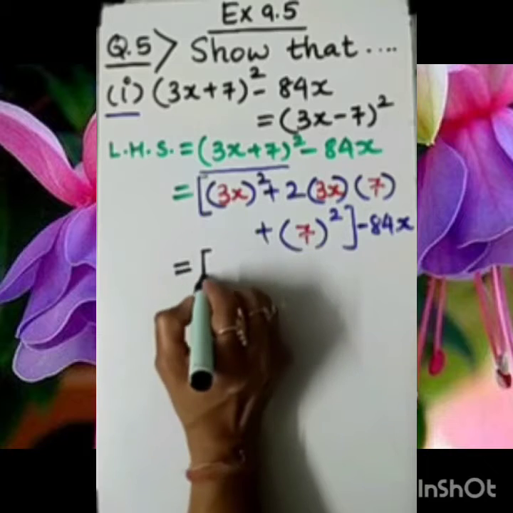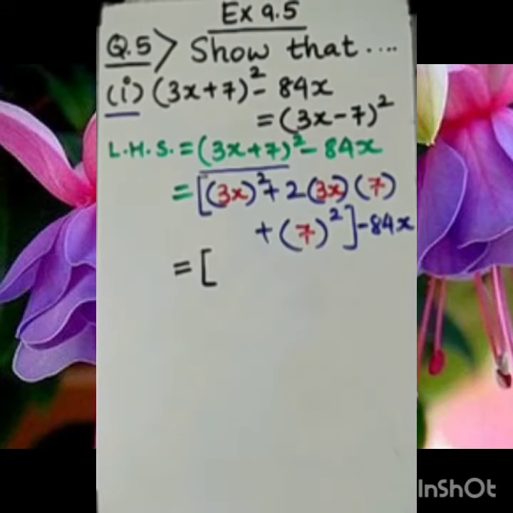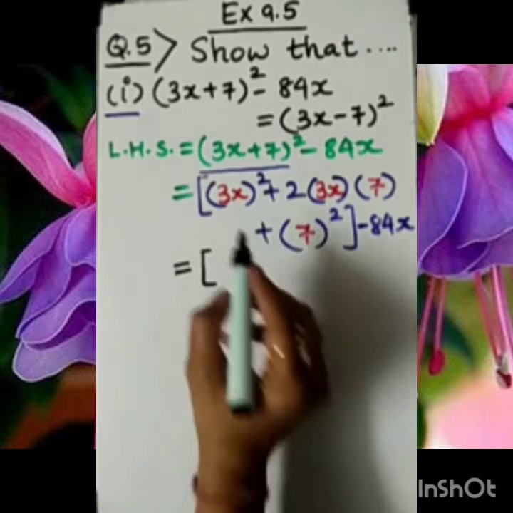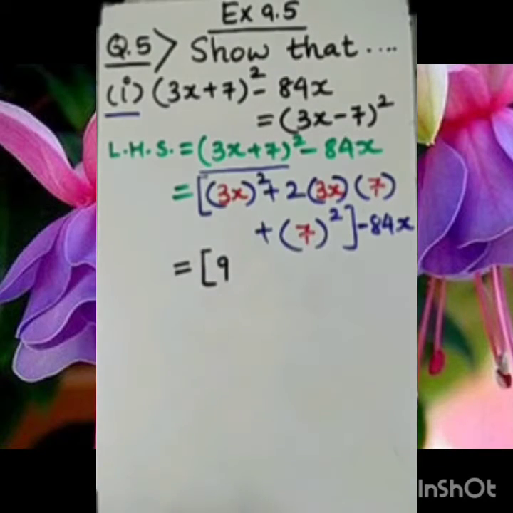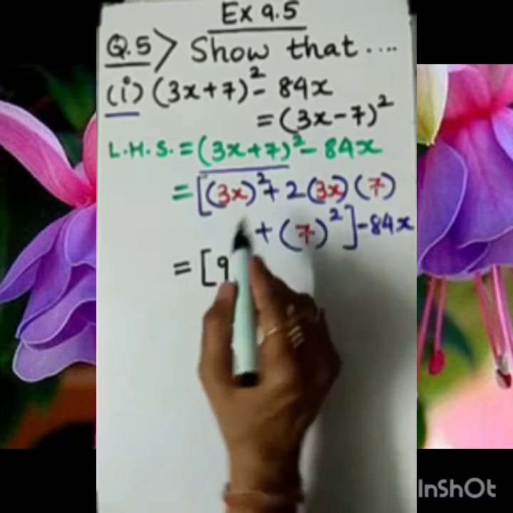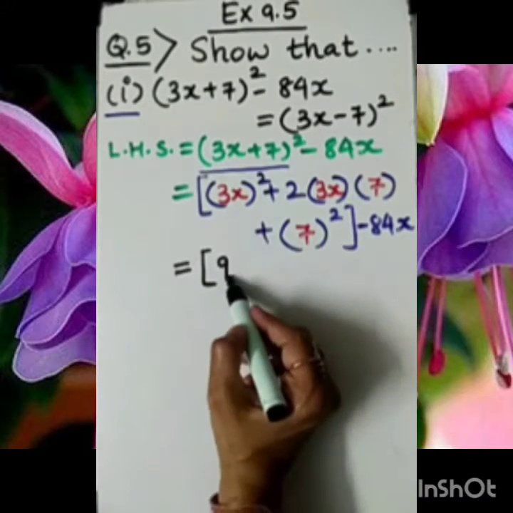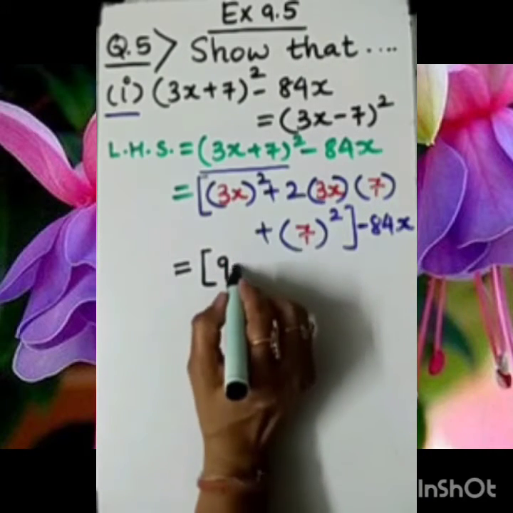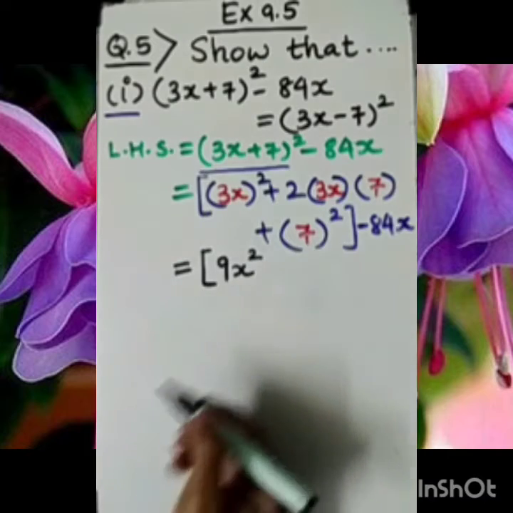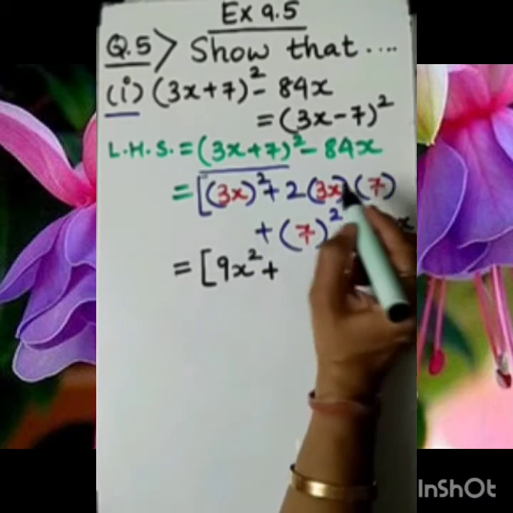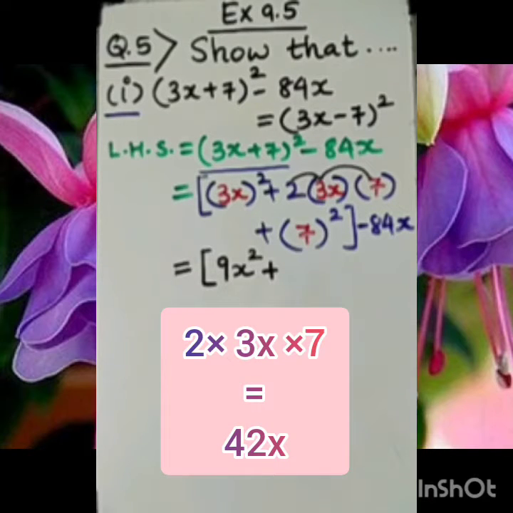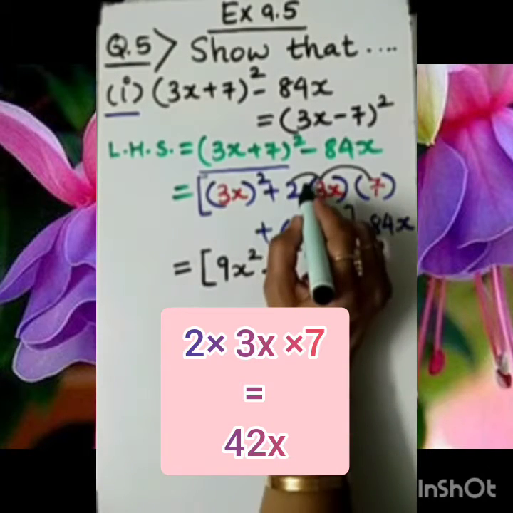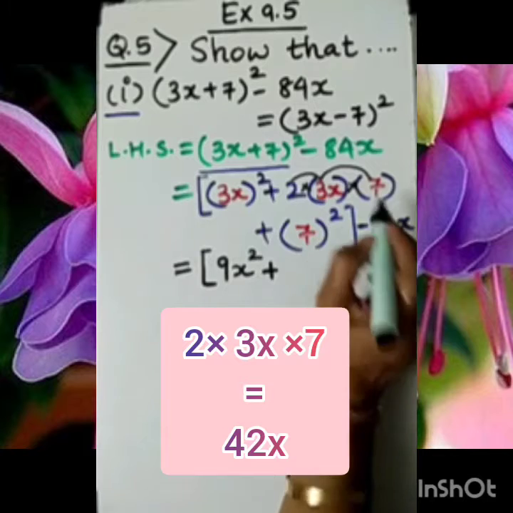So dear student, let me simplify. What is (3x) whole square? We know that 3 square is 3 times 3, that is 9, along with this x square. Fine. Plus, now let's work out this. All three terms are connected with a product sign. There is nothing between them, so always consider product.